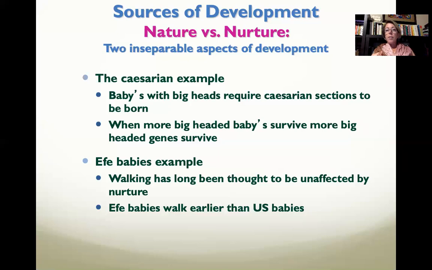I'm really hard pressed to say that a cesarean section, cutting a mom open and removing a child from her abdomen through surgery, is nature. That is, I've got to say, a cultural intervention. That is nurture. Yet that intervention has changed the gene pool, one of many things that we have done culturally, historically, that have changed the gene pool.